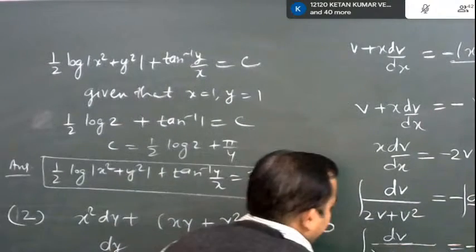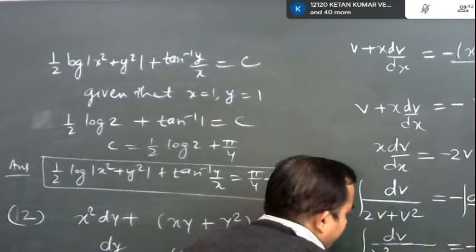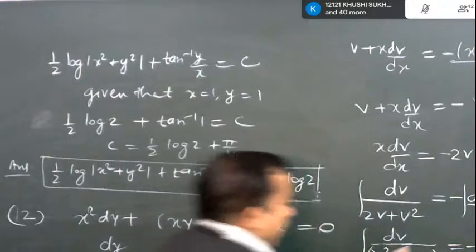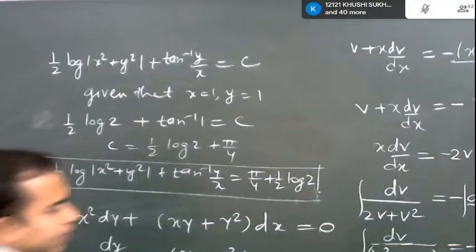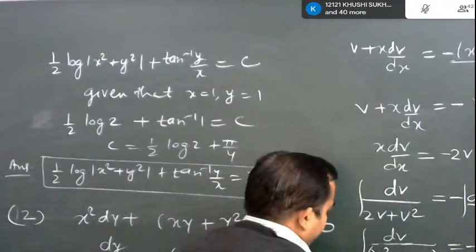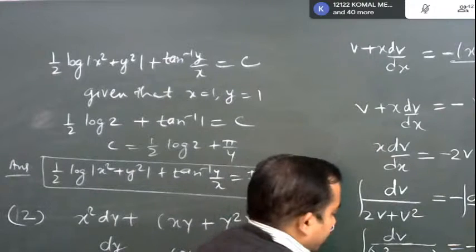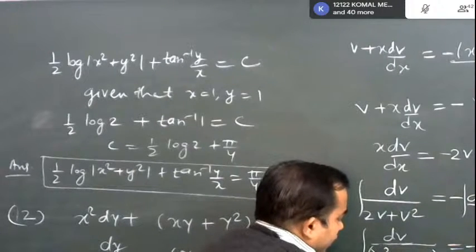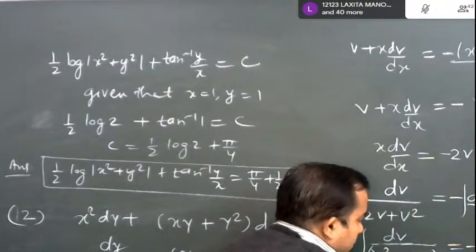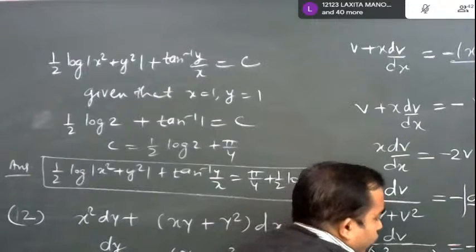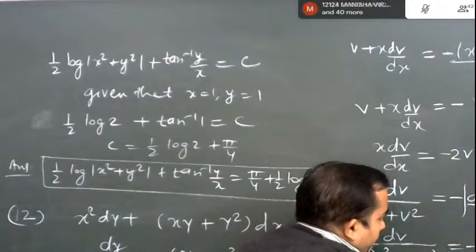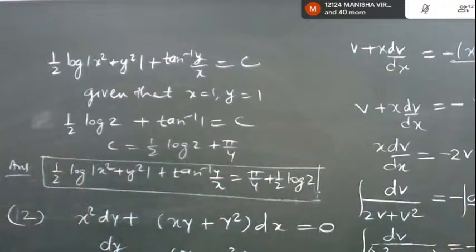To create perfect square, v square plus 2v plus 1 minus 1 I would need, right? And then this will become whole square of, students, how much? v plus 1 whole square minus 1 square equal to minus log x plus c. Then 1 upon x square minus a square.